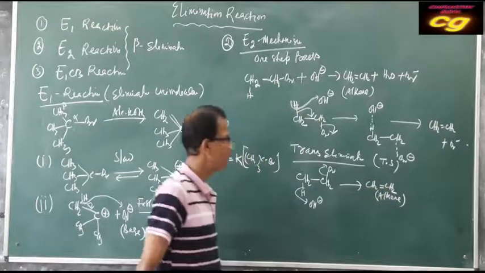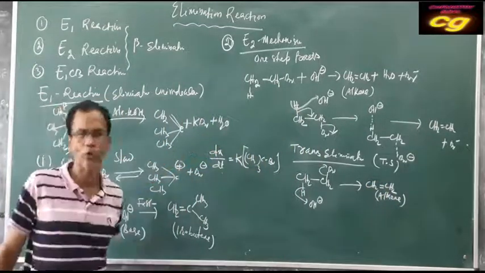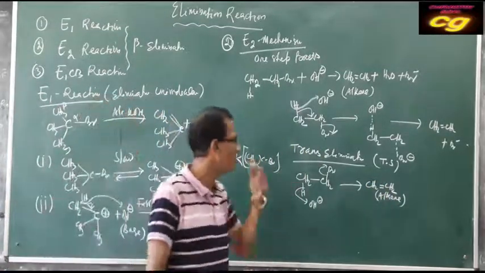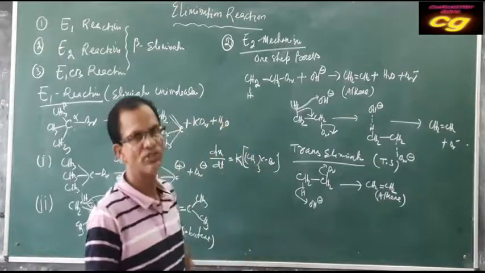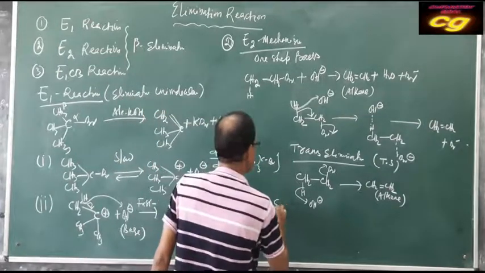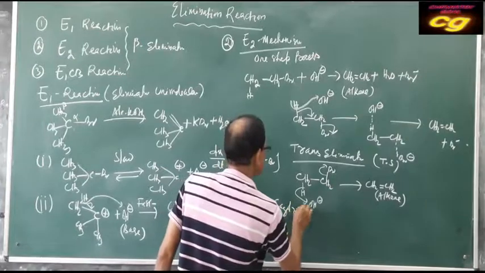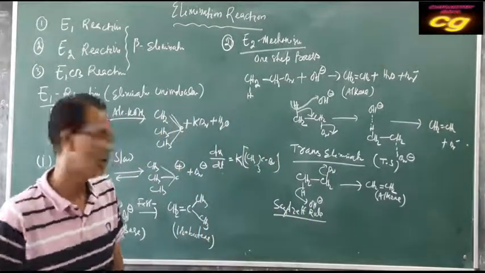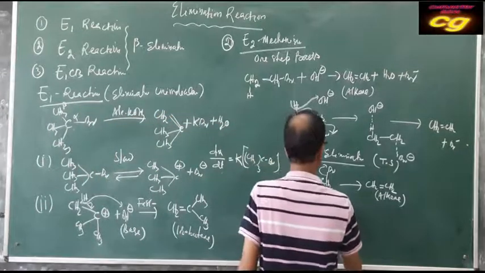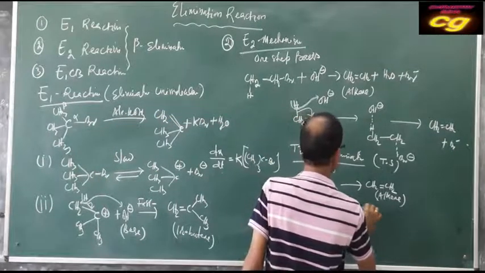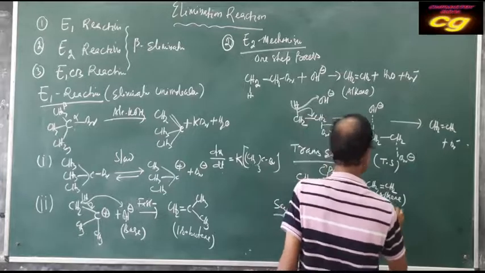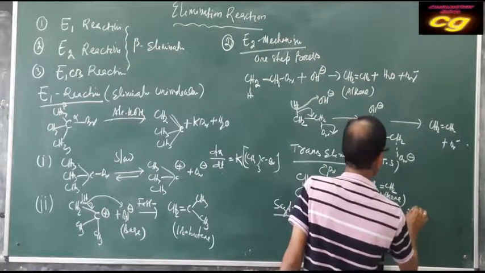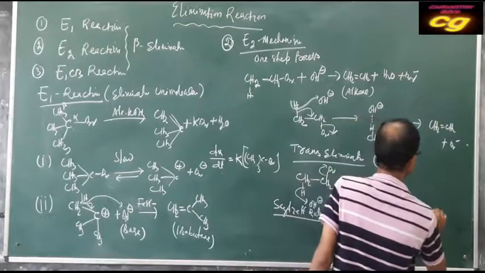But it has been observed, as we have already read, that elimination always obeys the Saytzeff rule. Saytzeff rule means the more stable alkene is the major product.